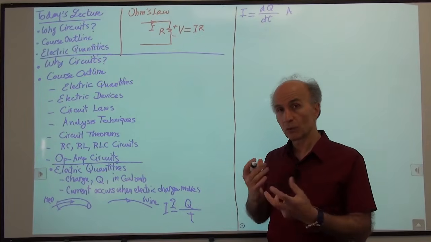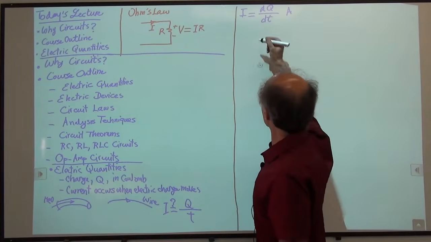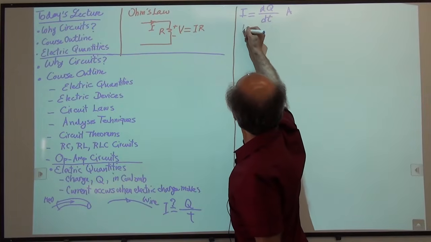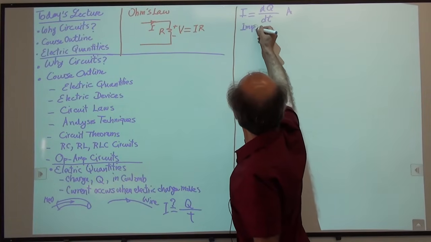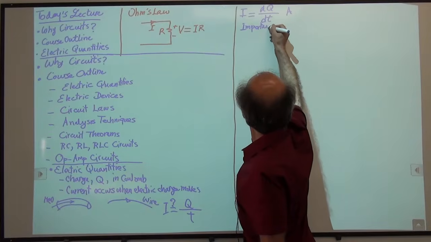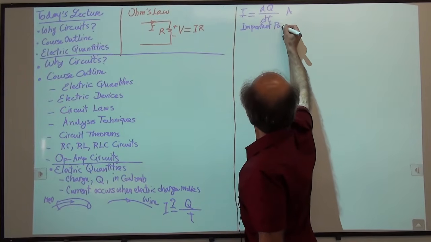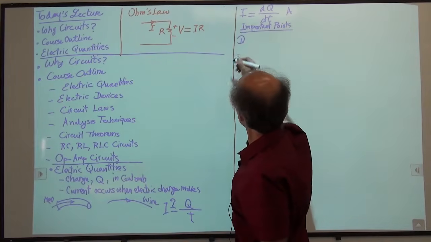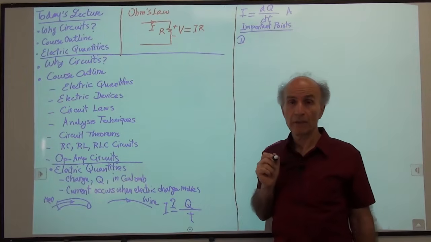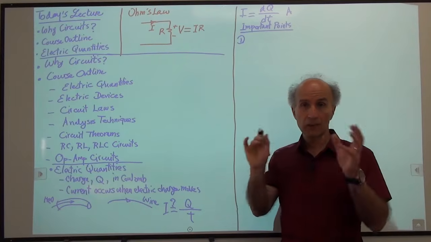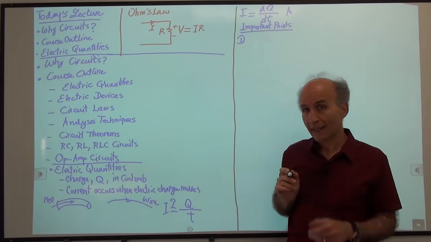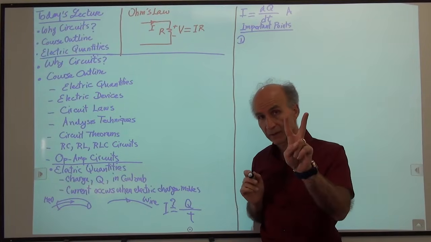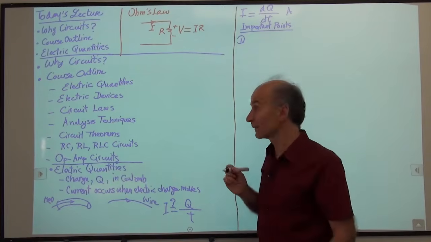Now let's make a few important observations about the current. So important points. Number one, every current that we have in any circuit, in any branch, is characterized by two quantities. So I have to remember that.